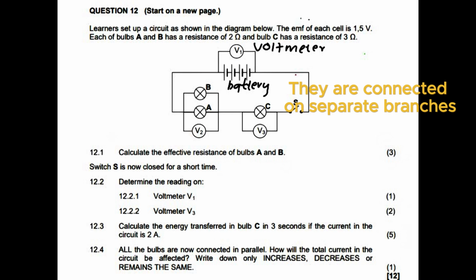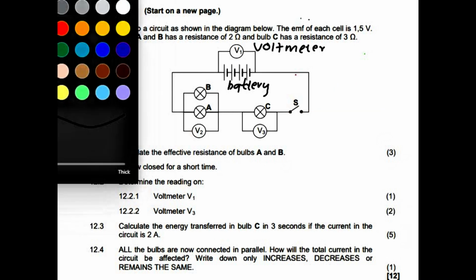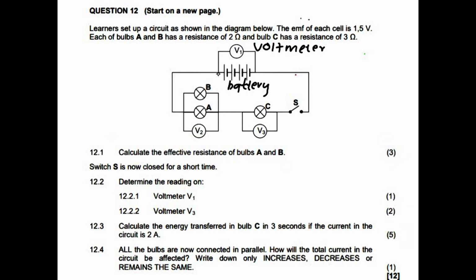So, for example, I'm going to change the color. This voltmeter is connected on this line, the red line. So that's the branch on which the voltmeter is connected.